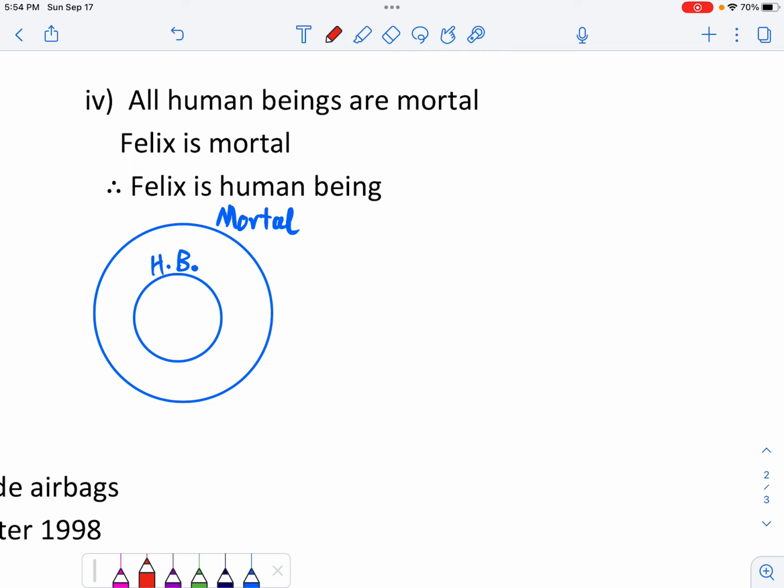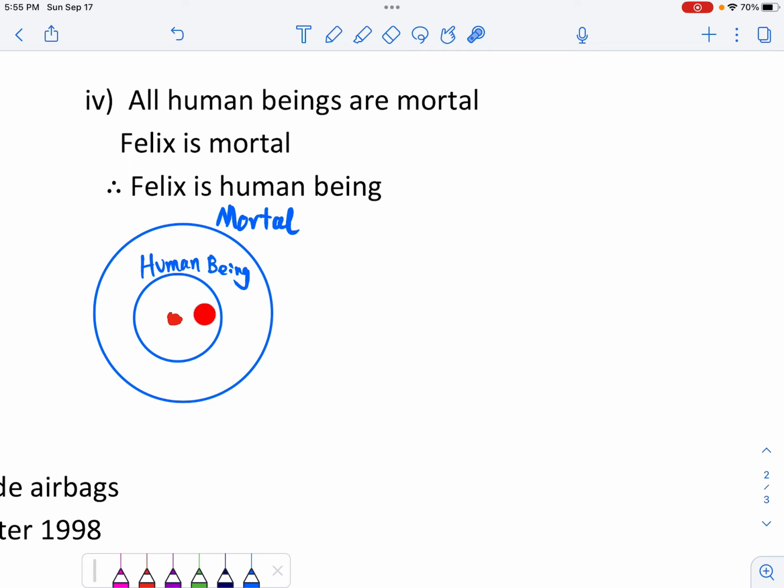Some of you, here's a common mistake. Some of you argue, all right, by the way, this means human being. Some of you may argue, hey, let's put Felix here, and then therefore Felix is a human being. Felix is mortal, right? So Felix must be inside the model.